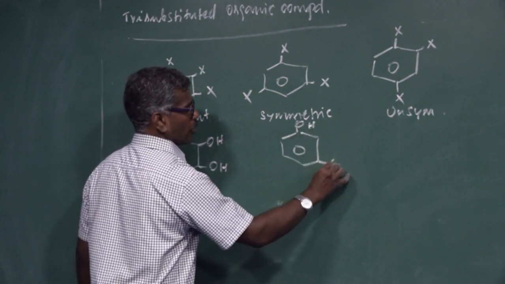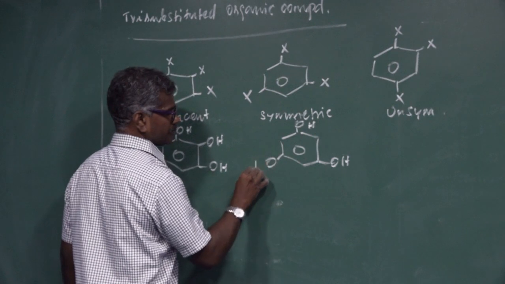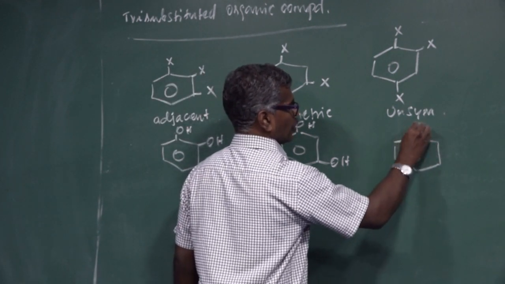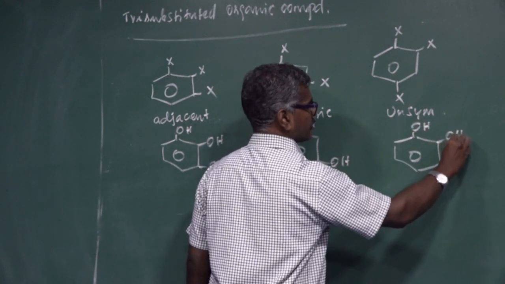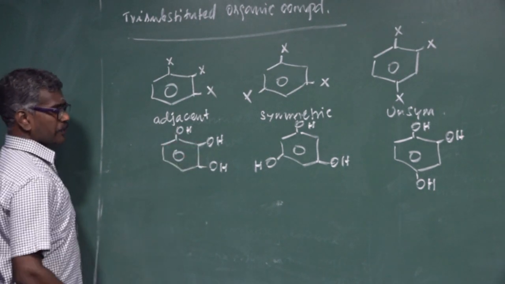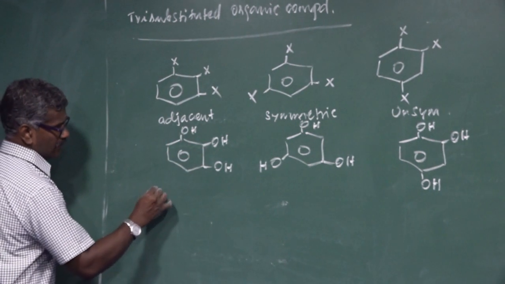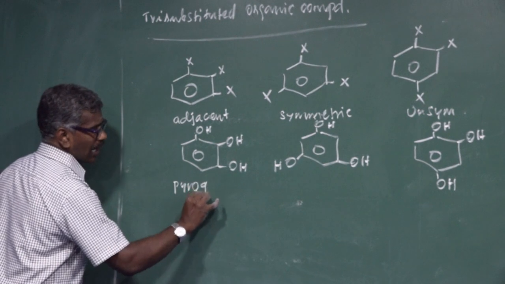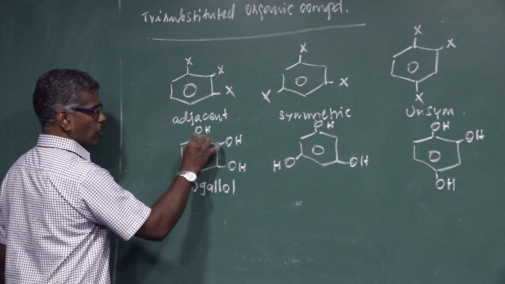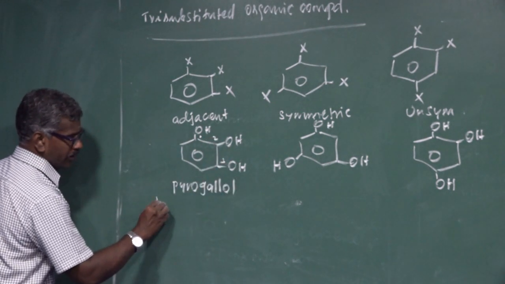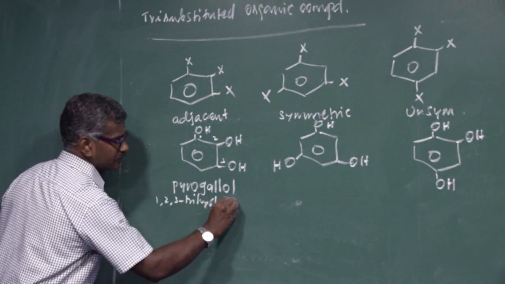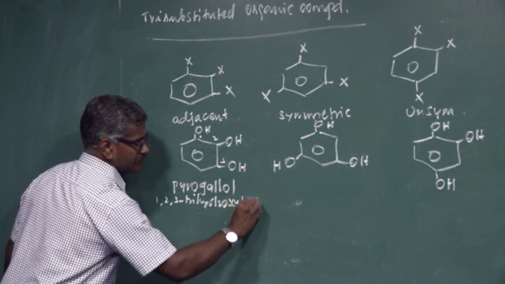If 3 OH groups are present on adjacent carbon atoms, this is called pyrogallol as a common name. IUPAC name 1, 2, 3-trihydroxybenzene.